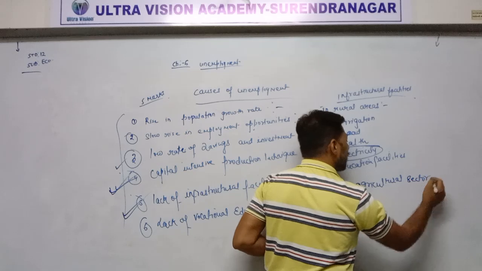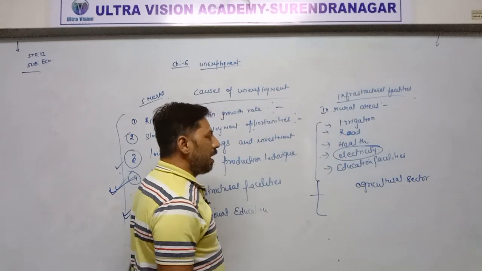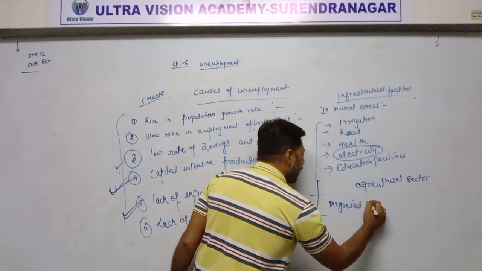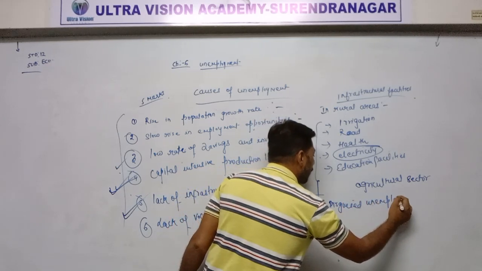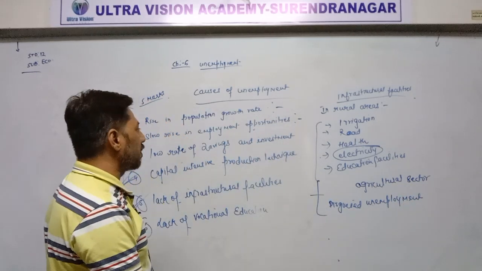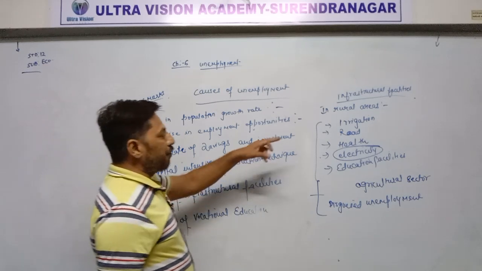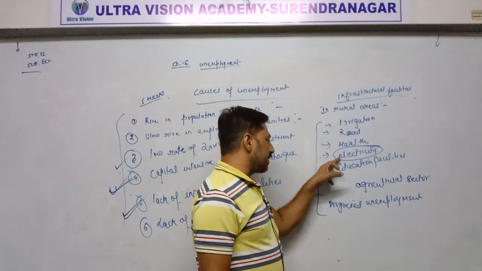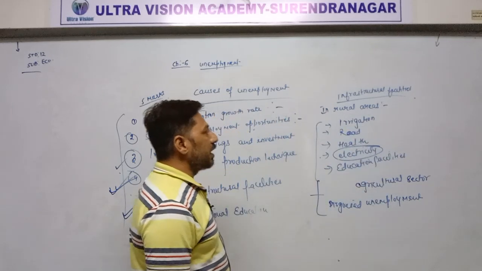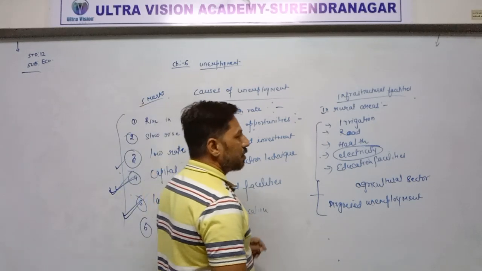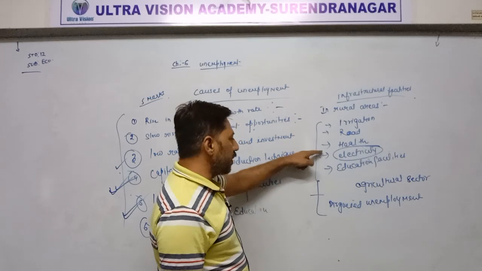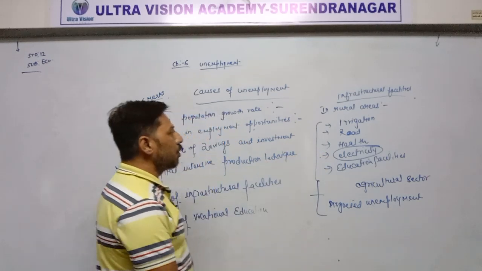That's why we can say unemployment increases. And which type of unemployment? Disguised unemployment increases. Now we have already studied disguised unemployment. So due to lack of infrastructural facilities like irrigation, road, health, electricity and education facilities, the individuals residing in rural areas face a lack of job opportunities, because the government is not able to provide continuous electricity in rural areas.